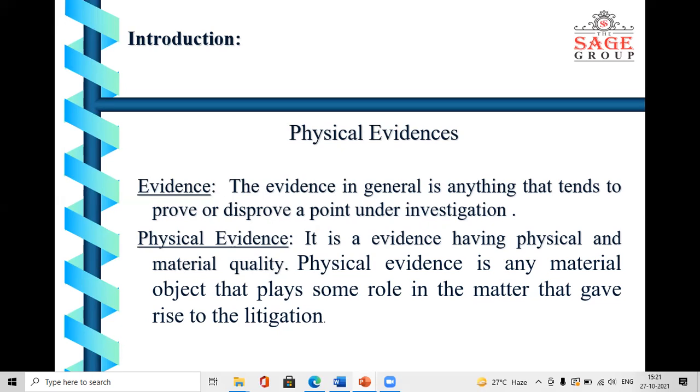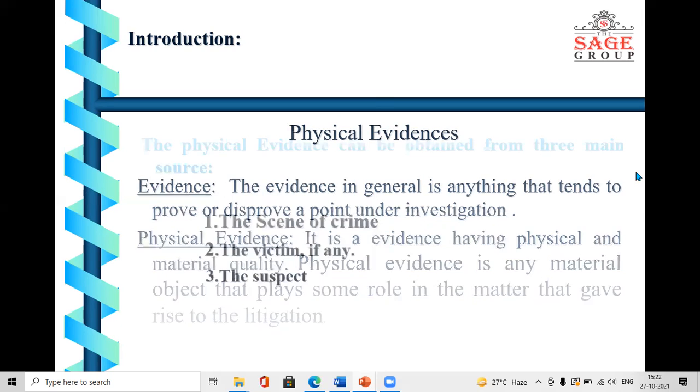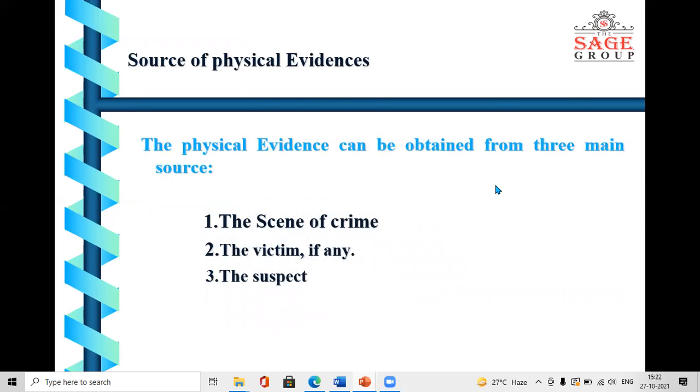Physical evidences are evidences which are used to link the crime to the suspect, to solve the crime investigation for the purpose of law and order, for the legal aspect, to save the innocent. Then we are going to talk about the source of physical evidence.